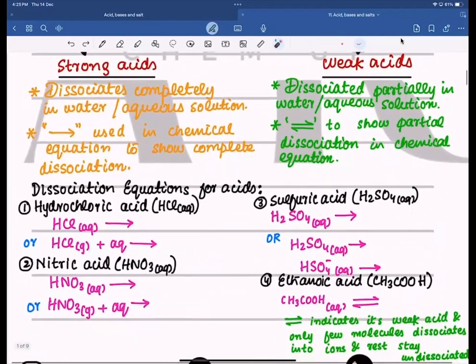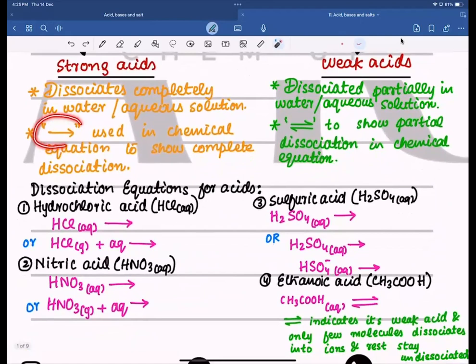So for strong acids, we use this single-sided arrow, the arrow in a single direction. And for weak acids, we use the reversible arrow.